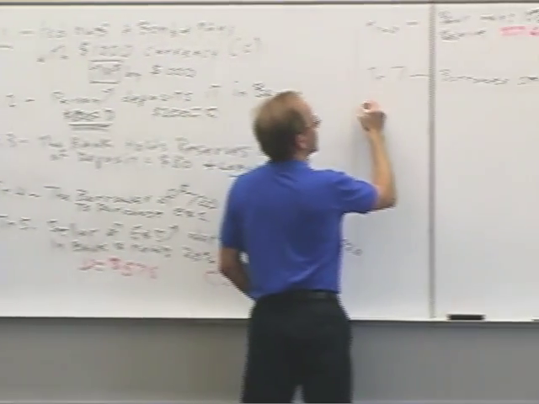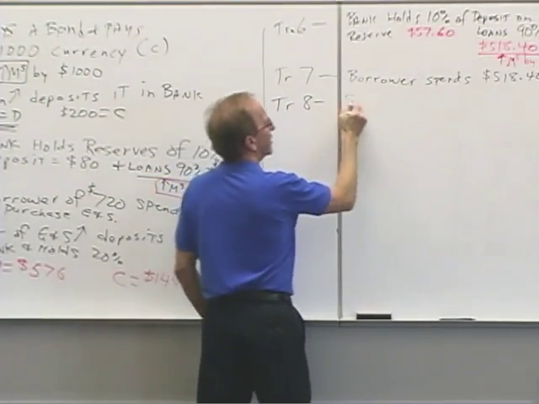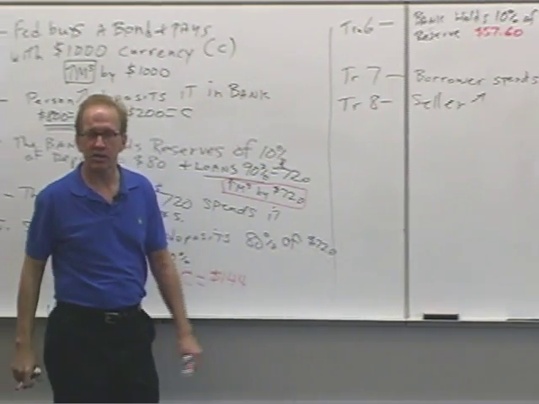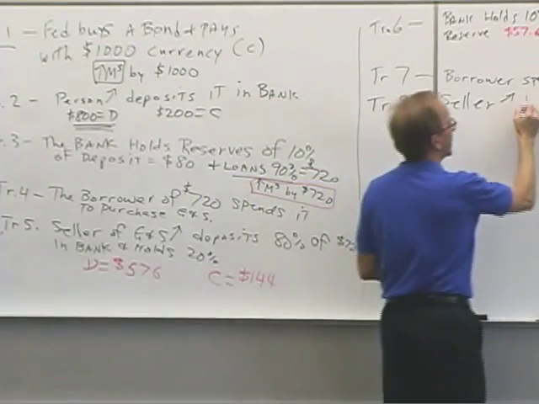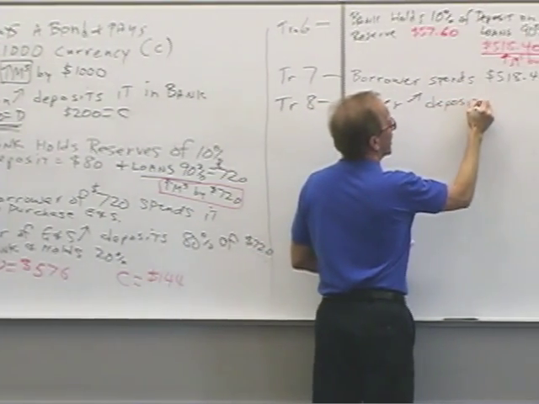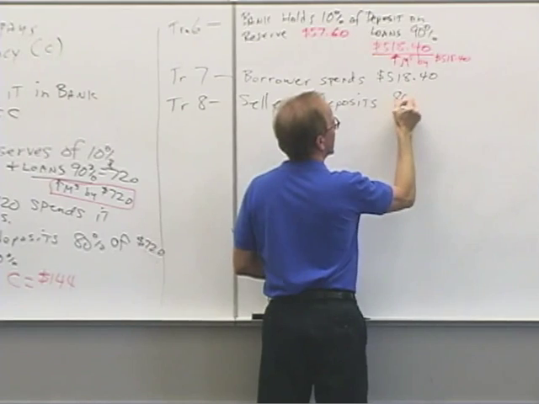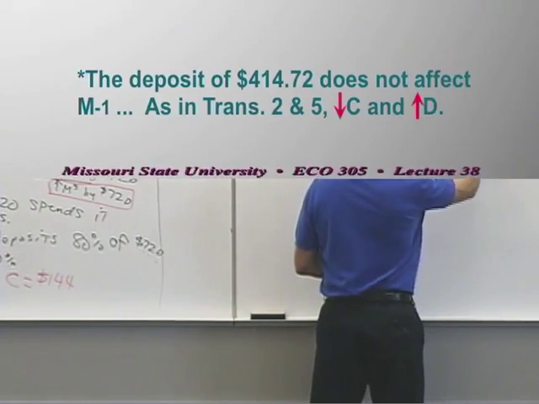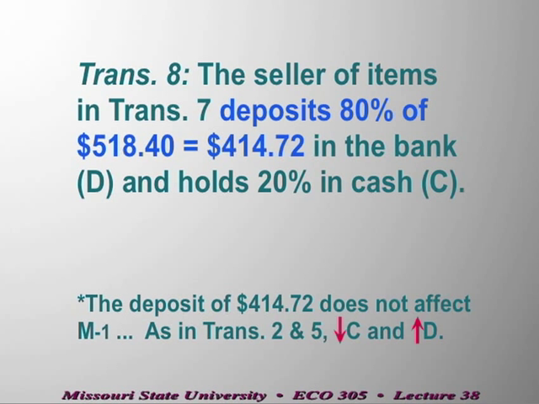Okay, so transaction 8, the seller, that is, of the goods and services, deposits 80% of the $518.40 in the bank and holds 20% of the $518.40.